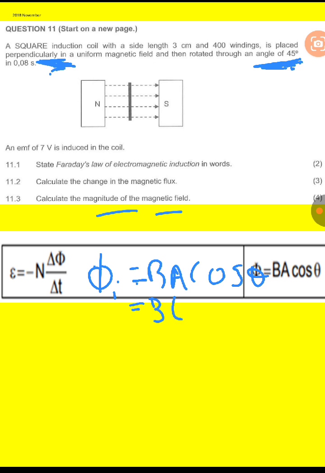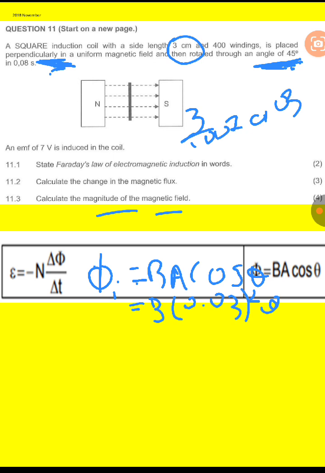Then the area of a square is equal to side squared. But our side is 3 centimeters, so 3 divided by 100 becomes 0.03. So it's 0.03 squared, then the cos.